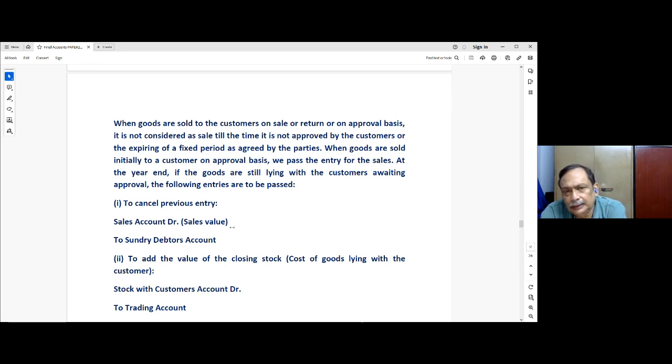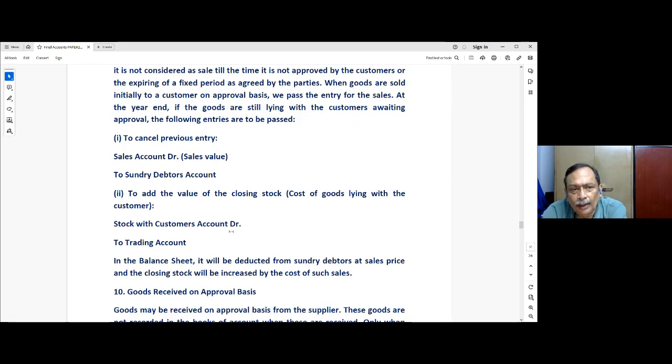At the year end, if the goods are still lying with the customer, awaiting approval, then we have to pass the entries. That is number one, to cancel previous entry. That is sales account debit, sales value to Sundry Debtors account.